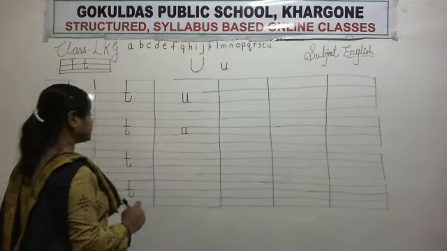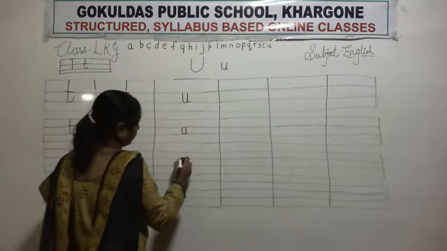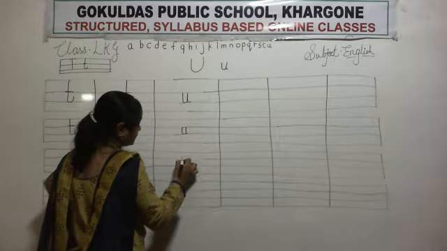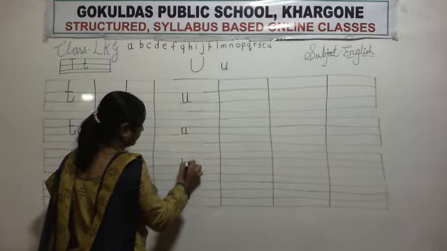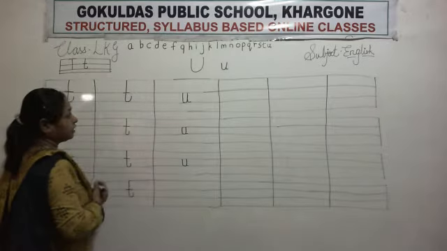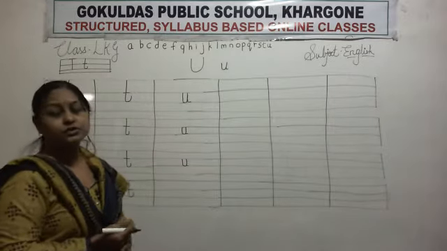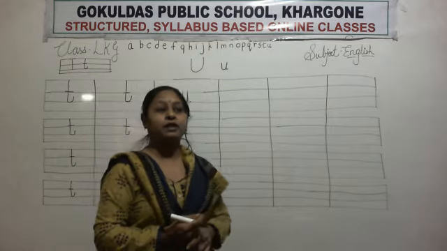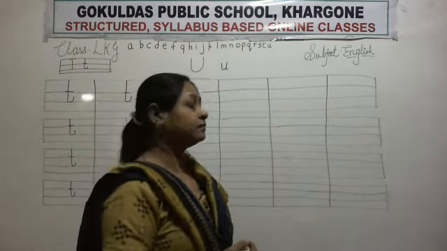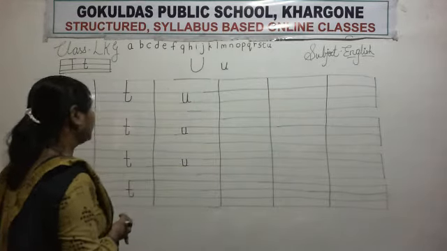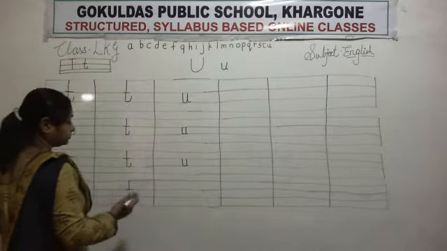Okay. Then next, again we will write letter U. Standing line, curve, upward, down, and one small tail of letter U. So which letter is this? U. And the sound of U is up. Okay. Write neatly, all of you.